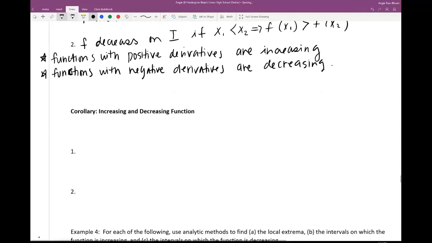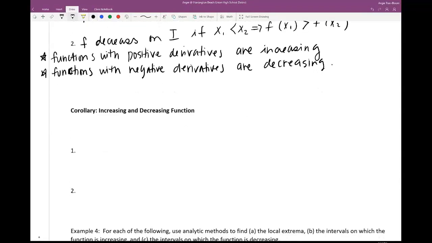All right. Corollary. Increasing and decreasing function. All right.